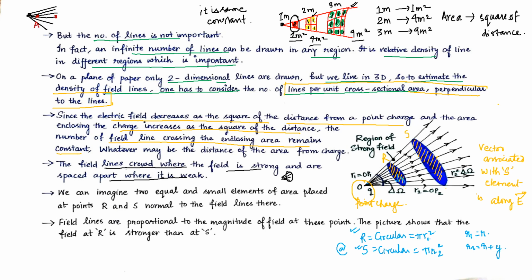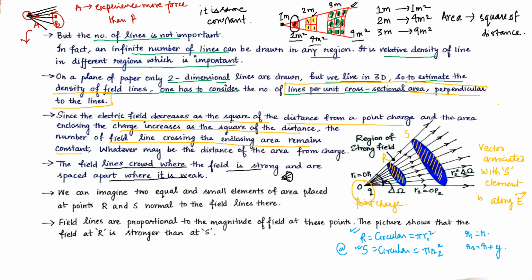This is point A, this is point B. Now tell me which point will experience more force from this charge. A will experience more, because the number of field lines which A is able to get through it are more than point B. A will experience more force than B.